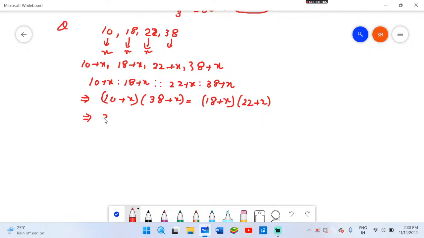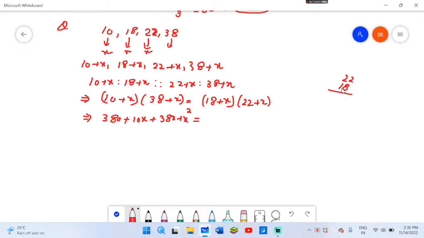So multiply: 380 plus 10x plus 38x plus x square equal to 22 into 18.